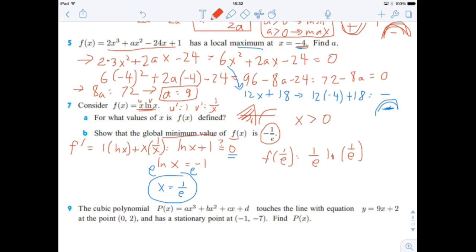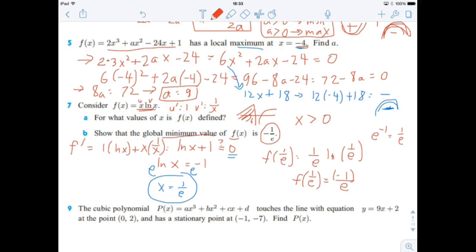So log of 1 over e would be negative 1, because e to the negative 1 is equal to 1 over e. Take the log of both sides, you'll get negative 1. So negative 1 over e, and there we just have our answer.